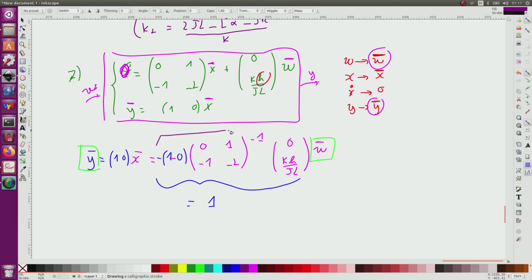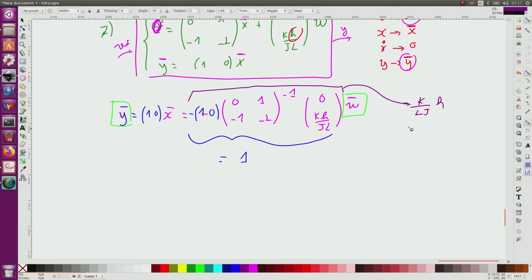If I compute all this, I obtain kappa divided by GL multiplied by h. Since this is equal to 1, I obtain h equal GL divided by kappa.